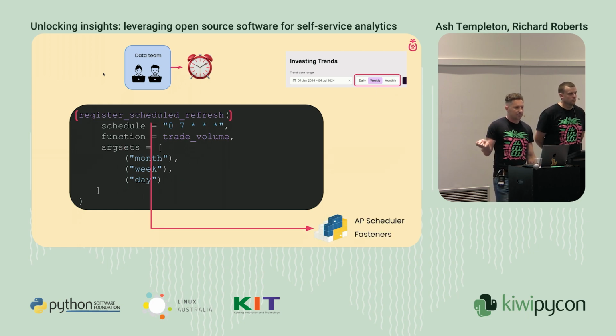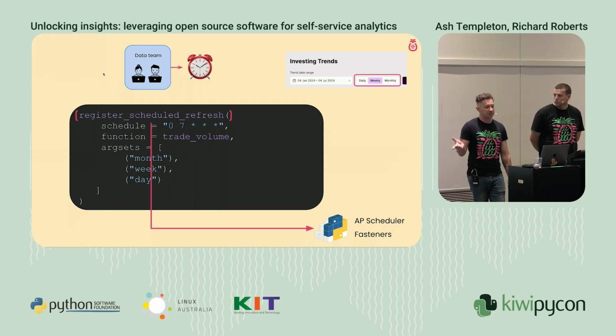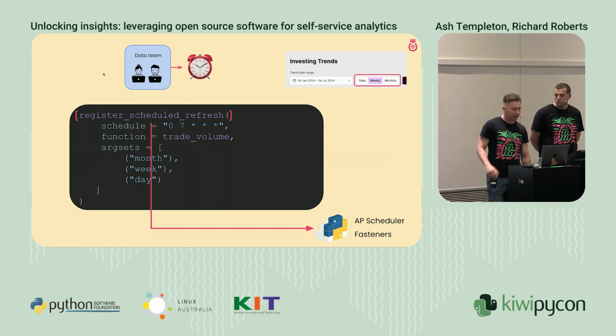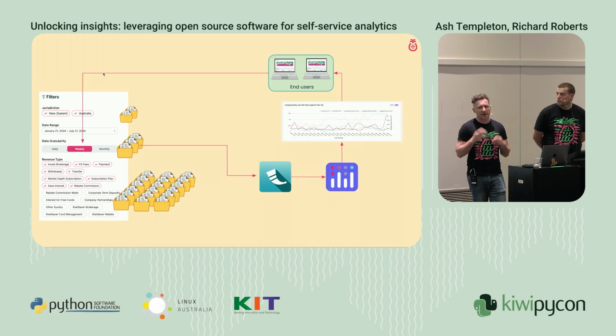We then use Python's APScheduler and FastAPI libraries to run this function at the given time regularly for each of those given states on a thread in the background. So it's a non-disruptive way of getting all of the data regularly that we need. Just for some context, we run about 700 queries every day like this at 7 a.m. And then there's others that run more frequently as well.